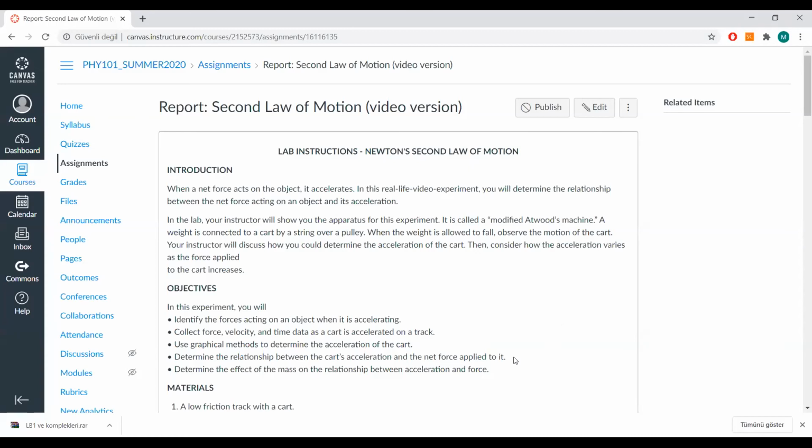In the first part, our aim is to determine the relationship between the net force acting on the cart and the acceleration of this cart. In the second part, we examine the effect of the mass on the relationship between the cart's acceleration and the force exerted on it.